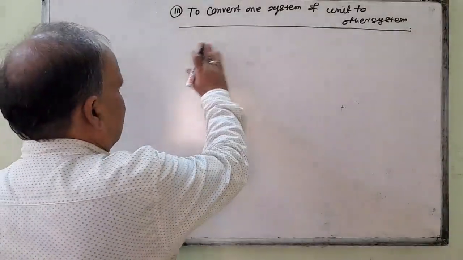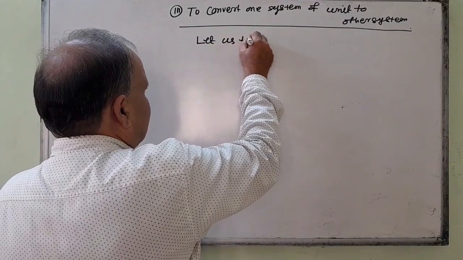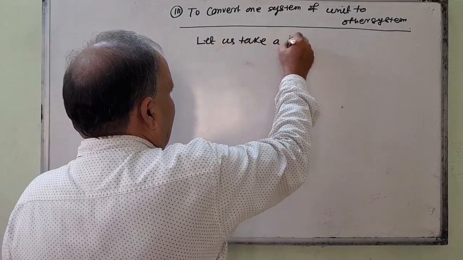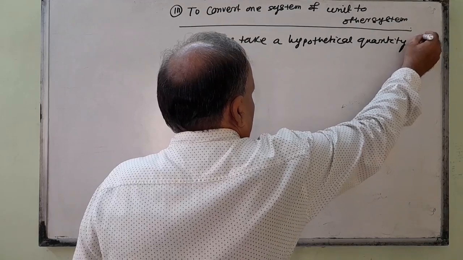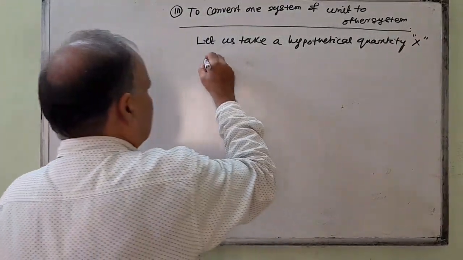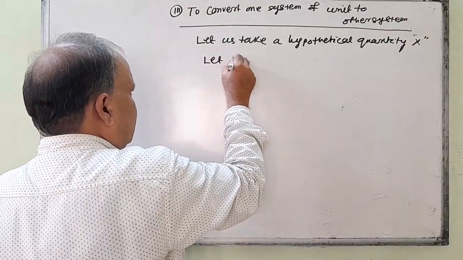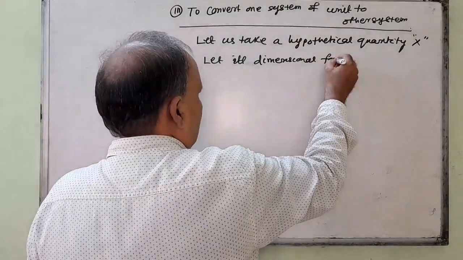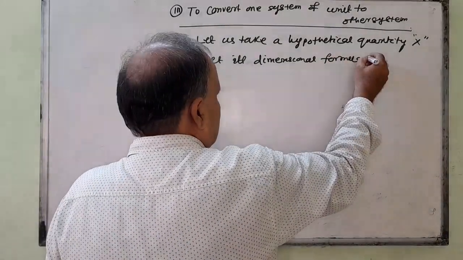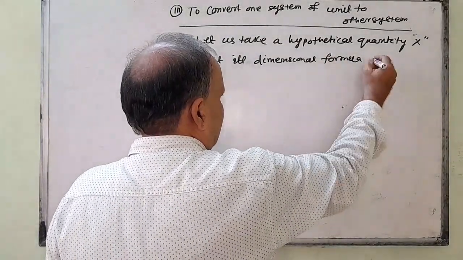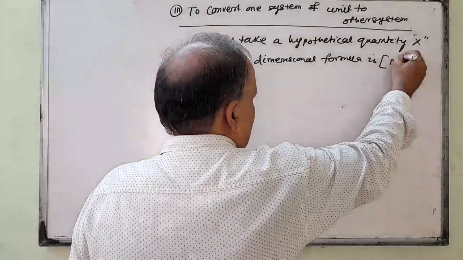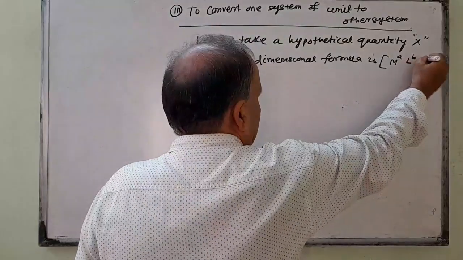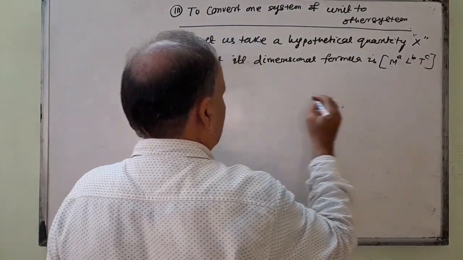Let us take a hypothetical quantity X. Let its dimensional formula be M to the power a, L to the power b, T to the power c.